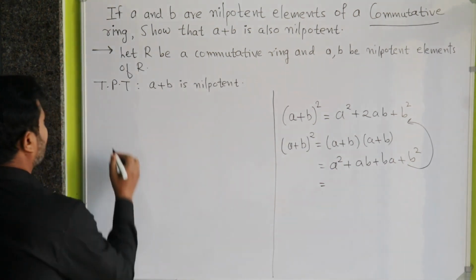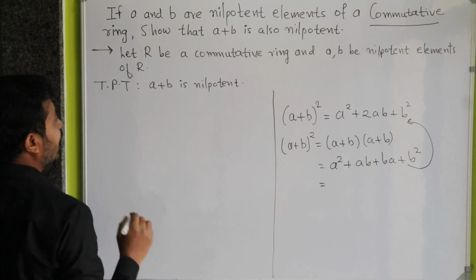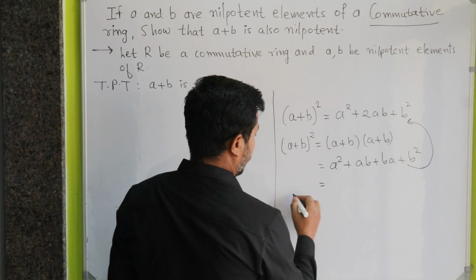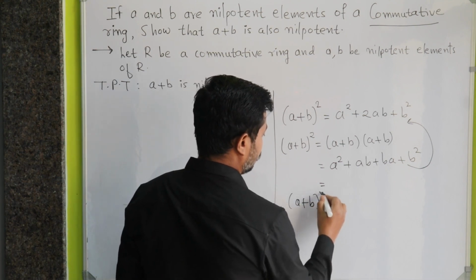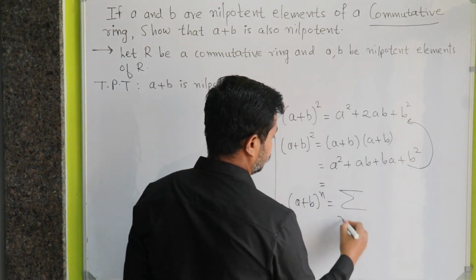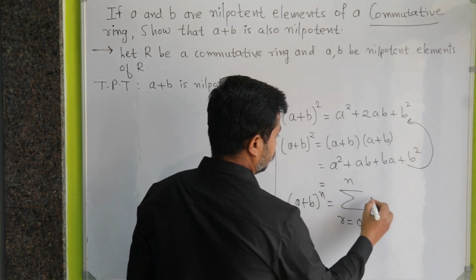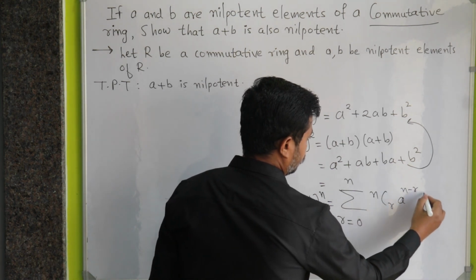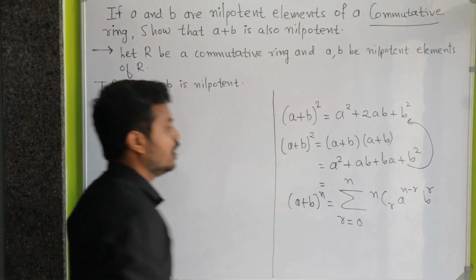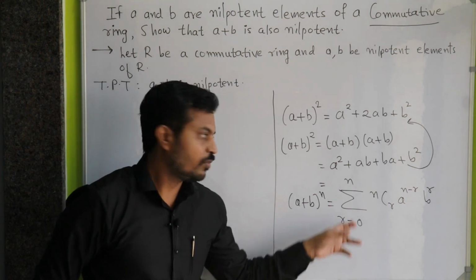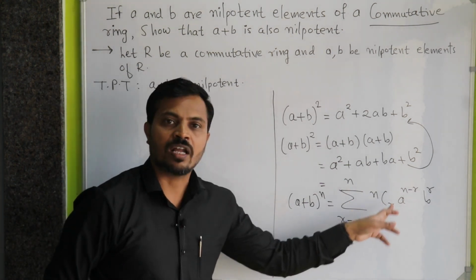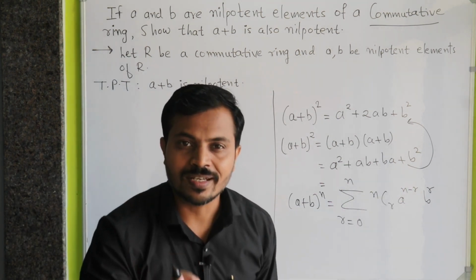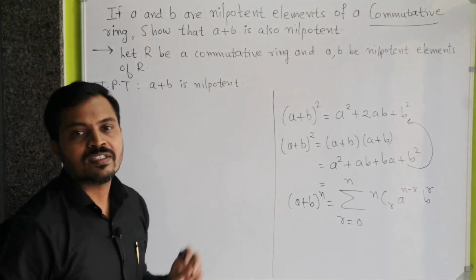As we know, by the binomial theorem, the expansion of (a plus b) raised to n is summation r running from 0 to n, nCr a raised to n minus r, b raised to r. Now this will be needed in order to prove this.